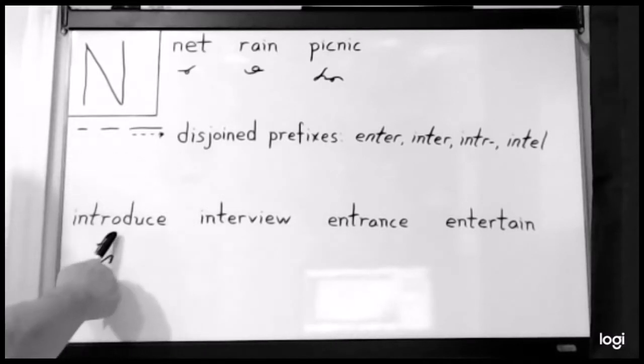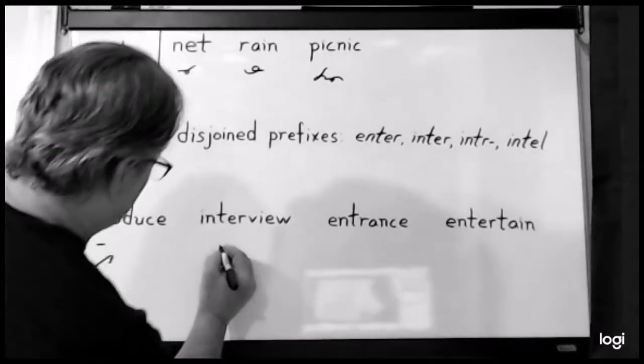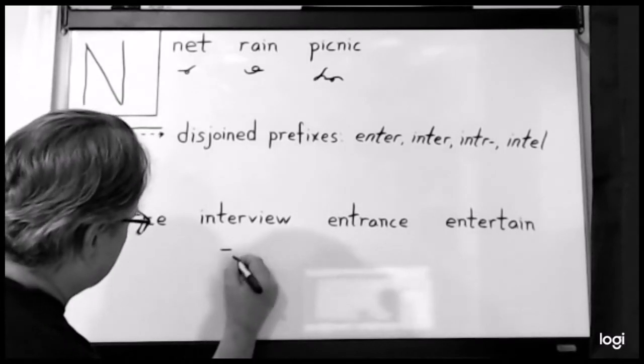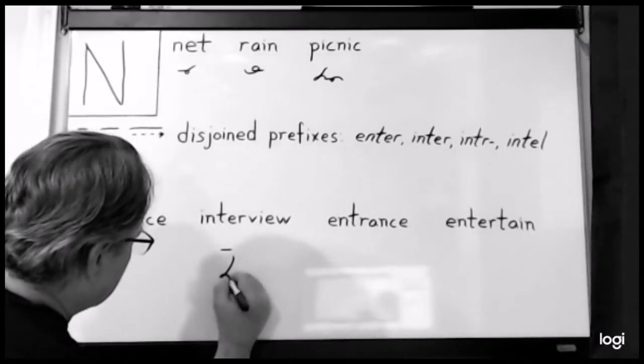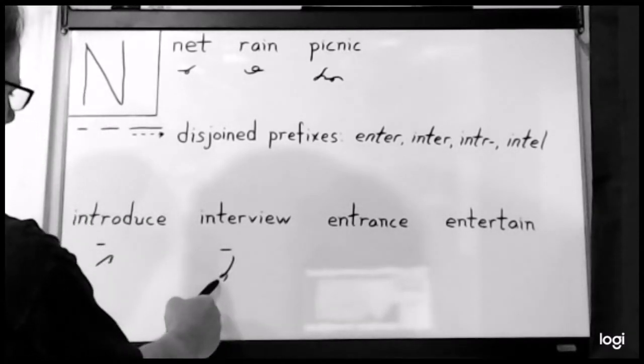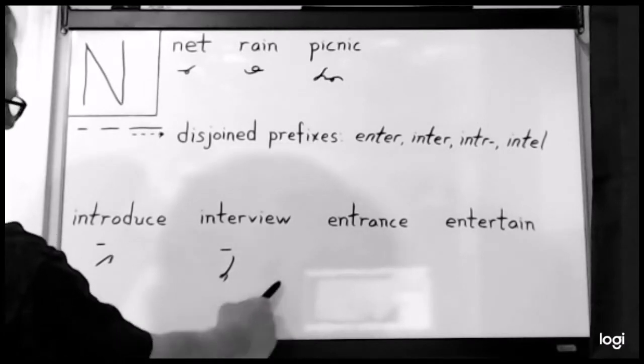Remember that this vowel middle here, introduce, is omitted. In interview, it's just the separate N, and then V-E-U. Remember the E here is representing that Y glide sound in interview.